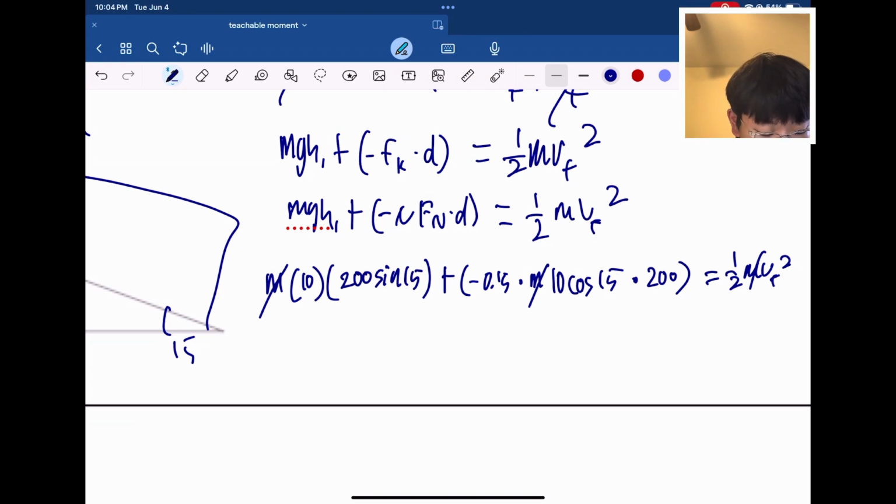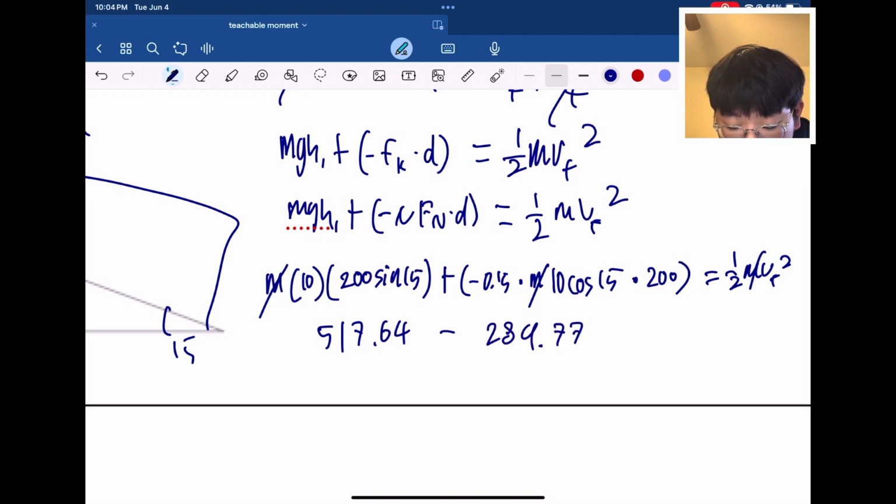And 10 times 200 sine 15 is going to be 517.64 minus 0.15 times 10 cos 15 times 200, which is 289.77, which is equal to 1/2 v final squared.